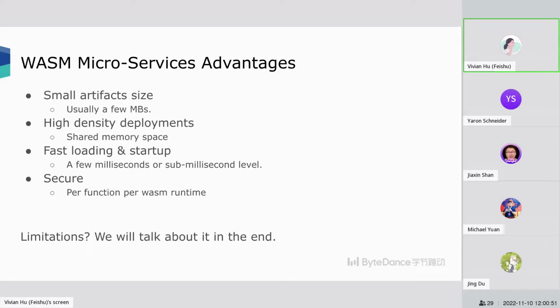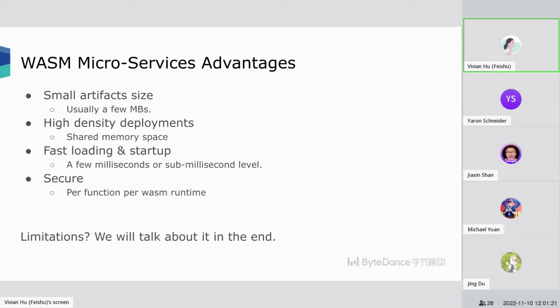And you can do high density deployment, since in the runtime you can compact several of the compiled WebAssembly modules into a single runtime, so that you can have more WebAssembly instances running inside your runtime compared to Linux containers. And also, since it's small, loading and starting it can be very fast.